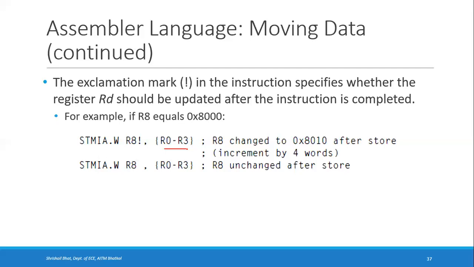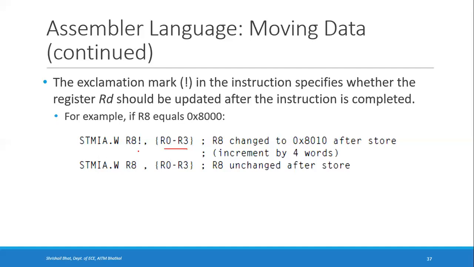What this will do is the contents of R0 is copied into the memory location pointed by R8. Then the contents of R1 is copied into the location R8 plus 4, R2 into R8 plus 8, and R3 into R8 plus 12, which in hexadecimal is C.